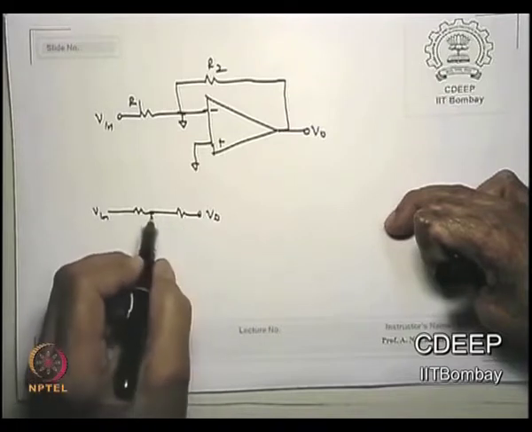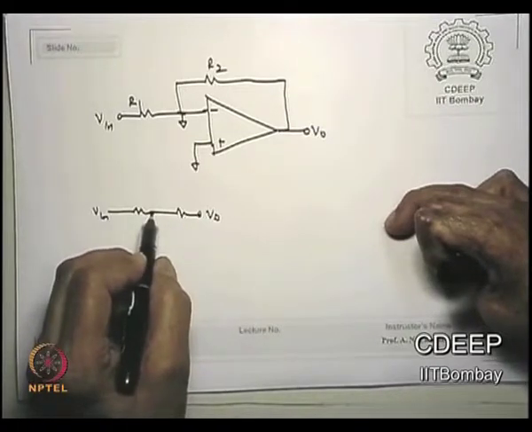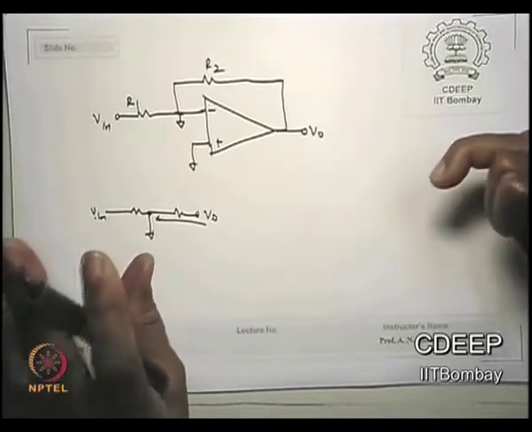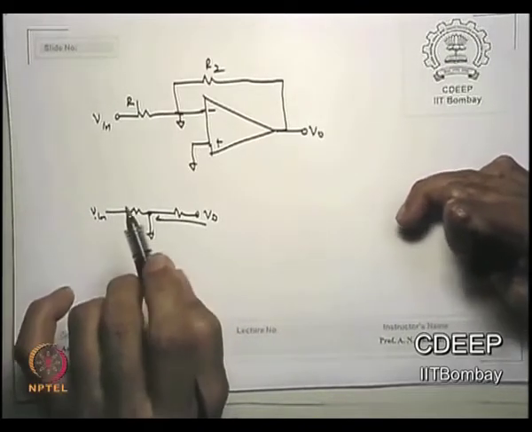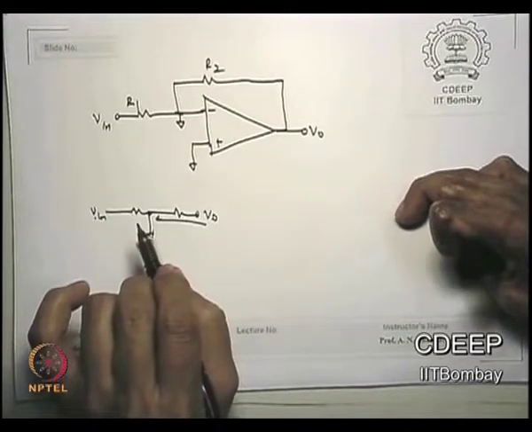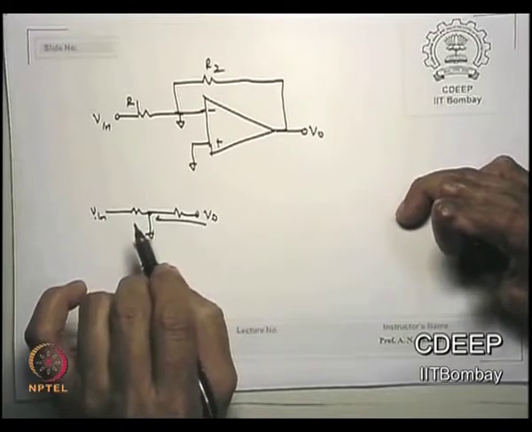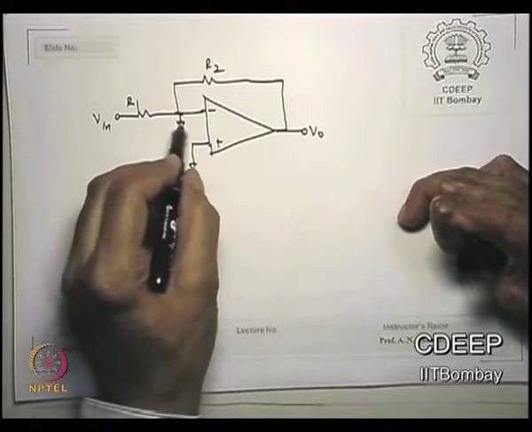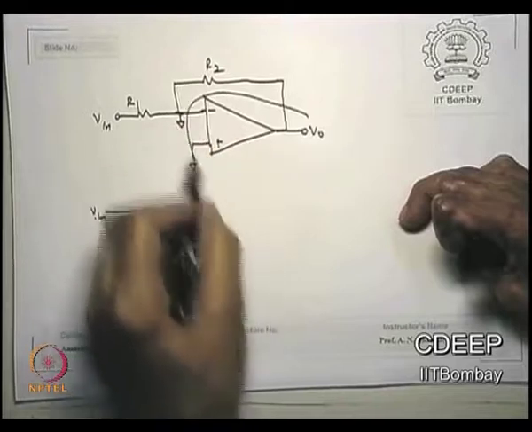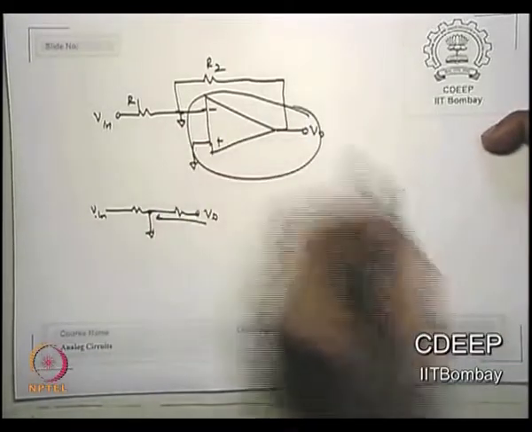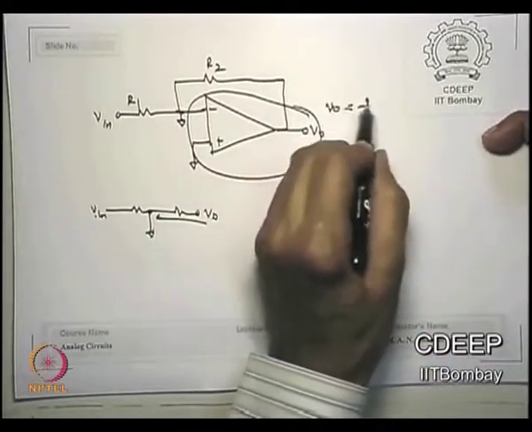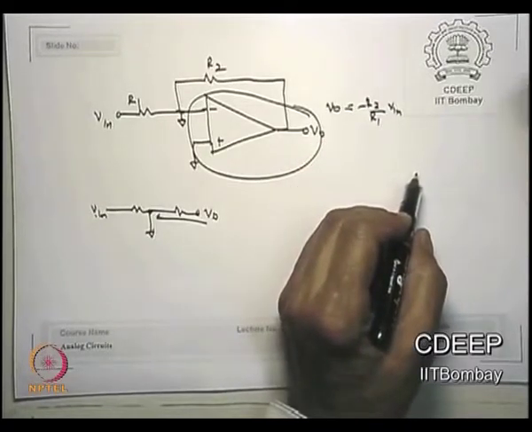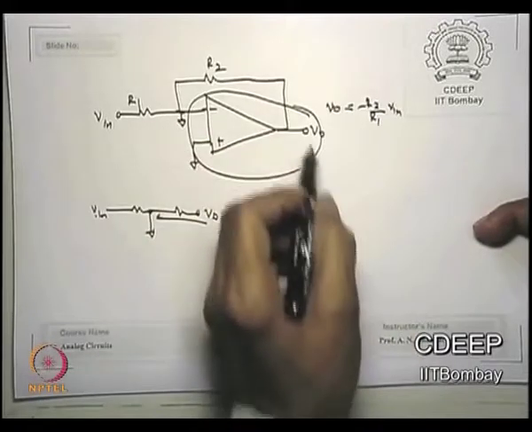So this is a potential divider where the center terminal is grounded, is that correct? तो ये V0 का इसका कोई रिलेशन ही नहीं रहेगा, यदि ये फिजिकली ग्राउंड कर दिया मैंने तो ये R1 टर्मिनल के बाहर हो गया, तो ये OPAMP यदि वहां से निकाल लिया और इस टर्मिनल को ग्राउंड दिखा दिया, इसका मतलब क्या है, इसको तो निकाल ही सकते हैं हम आपकी थ्योरी के अनुसार, V0 इज माइनस R2 बाय R1 इंटू Vn, पर अभी तो क्या होगा कि Vn ही निकल जाएगा यदि इसको निकाल लिया तो.